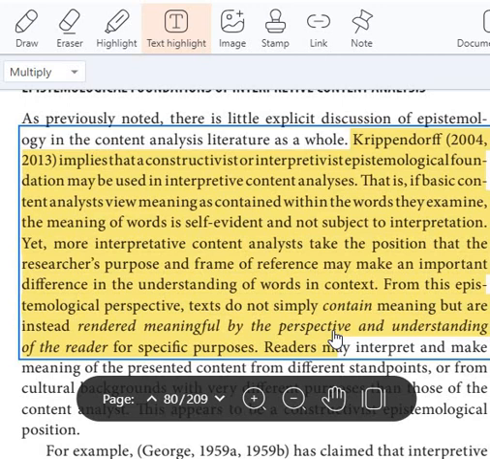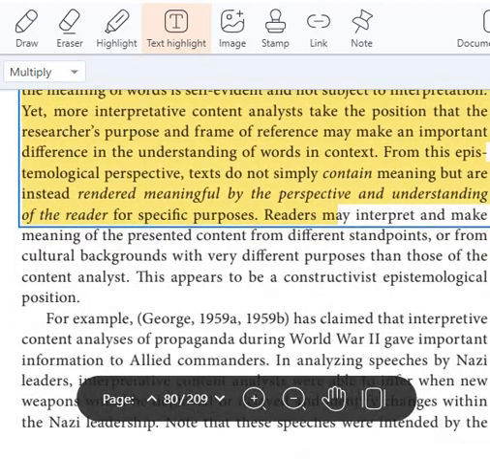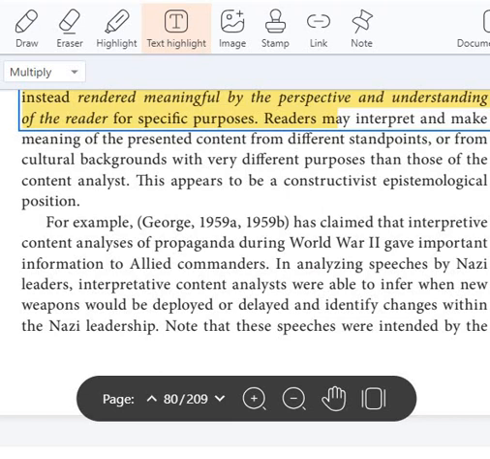Okay, let's go now here to George, 1959 A and B. He has claimed that interpretive content analyses of propaganda during World War II gave important information to Allied commanders.